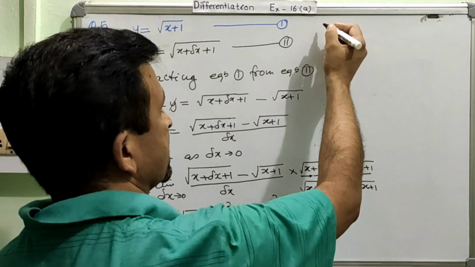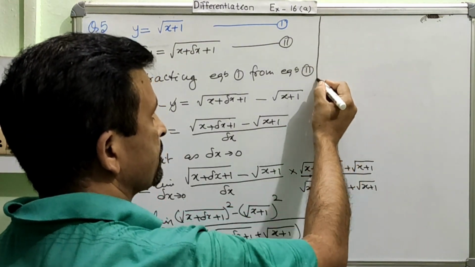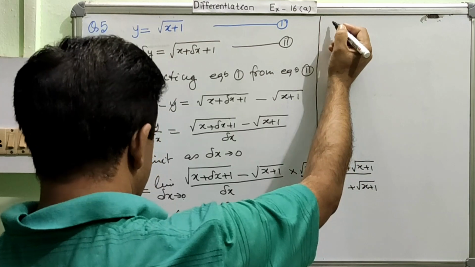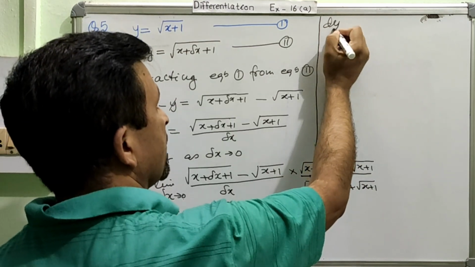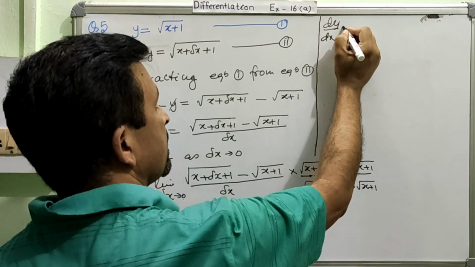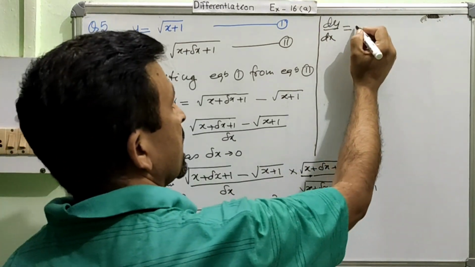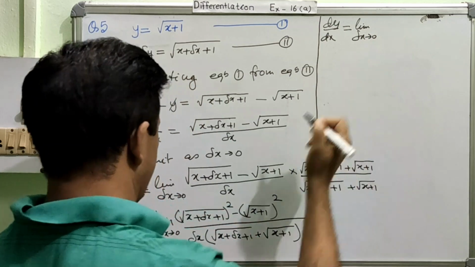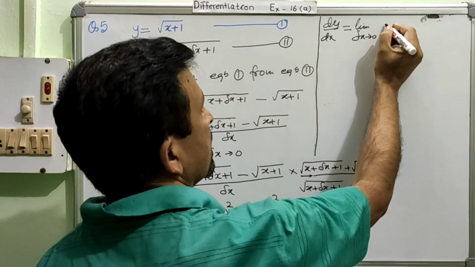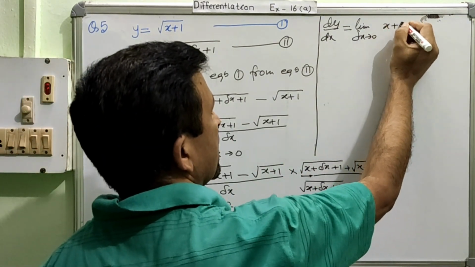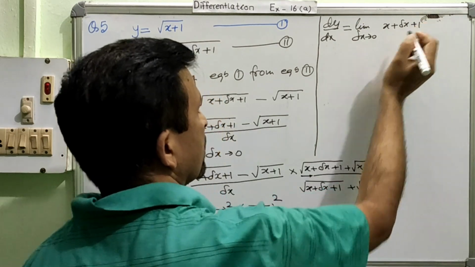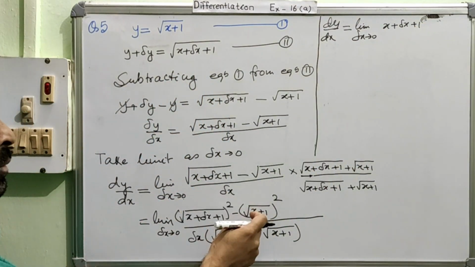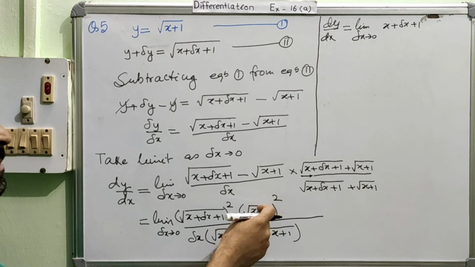So in the next step we will have dy by dx is equal to limit delta x tending to 0. This becomes x plus delta x plus 1. Root disappeared. Now we are going to do the same thing with this another expression also in the next part.